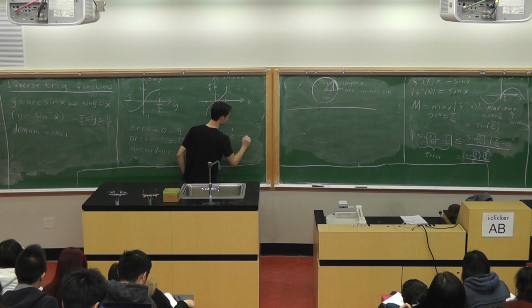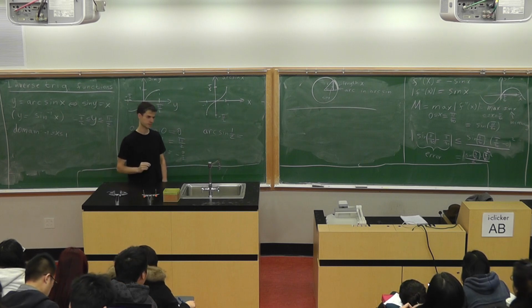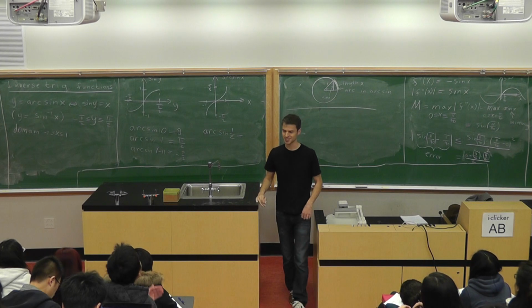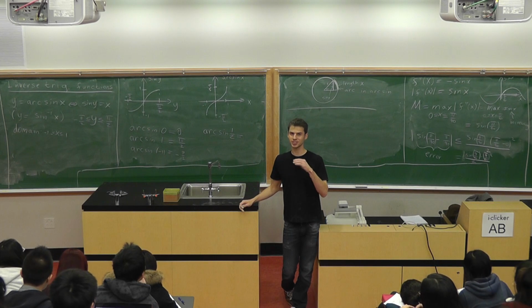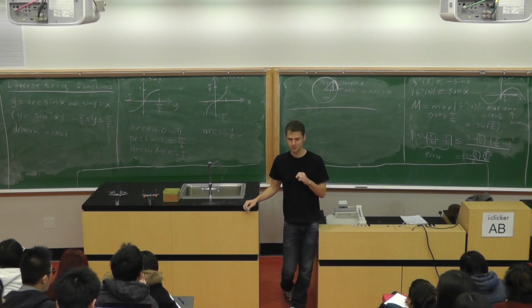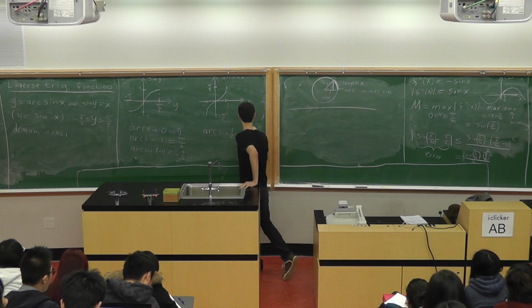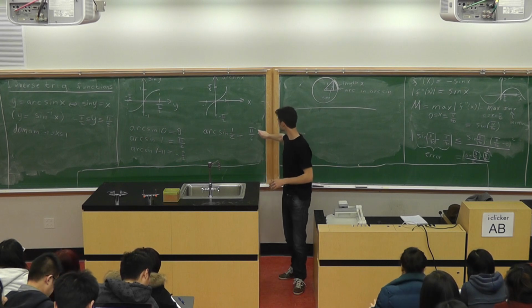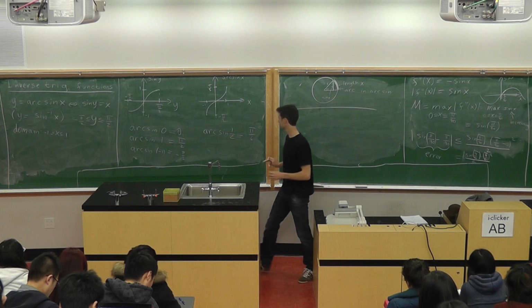Arc sine of 1/2. Some opinions. So it is the number whose sine is equal to 1/2, and it is pi over 6, yes. So sine of 30 degrees is 1/2, and 30 degrees is pi over 6.